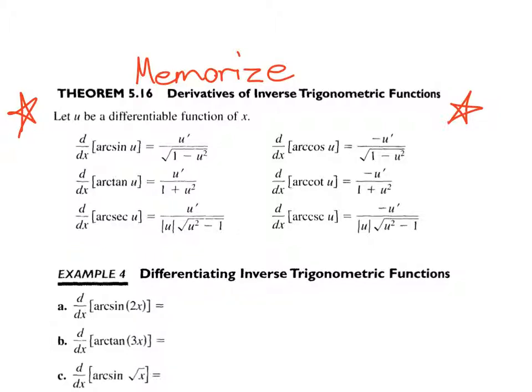So I wanted to make some comparisons here, and actually the way this is laid out really helps us do that. You'll notice that our cofunctions are nearly identical. Remember, sine and cosine are cofunctions, tangent, cotangent, secant and cosecant, those are the pairs of cofunctions.